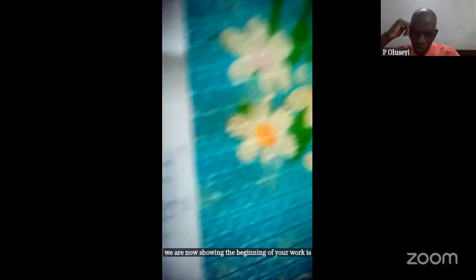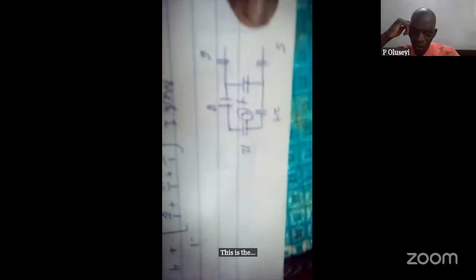It's getting clearer now. But you are not showing the beginning of your workings. We are seeing the middle. This is the beginning, where your index finger is. Yes, this is the diagram. Okay, go on.